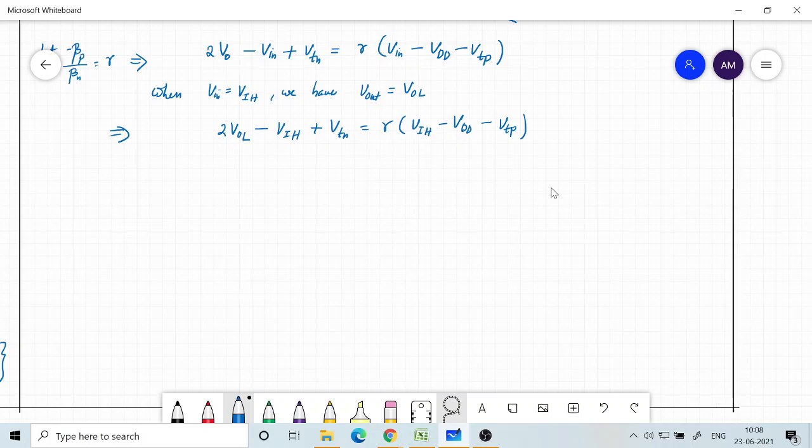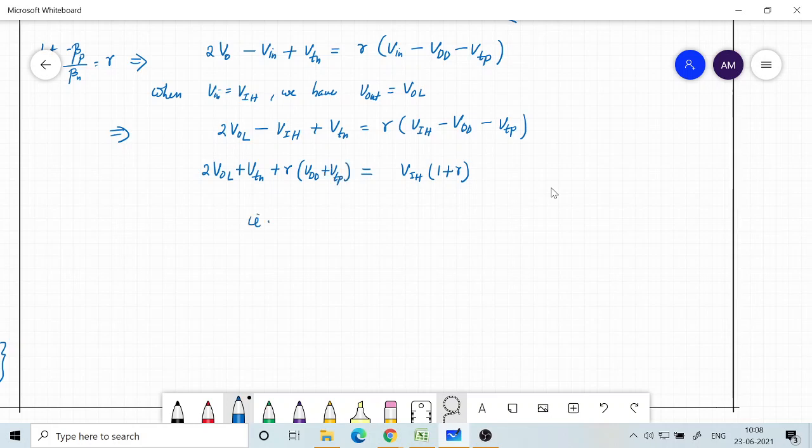So there is a VIH into R on the right side. So let's take this VIH to the other side, I can write it as VIH into 1 plus R. The other term I will take to the left hand side. So it is 2 VOL plus VTN, now plus R into VDD plus VTP.